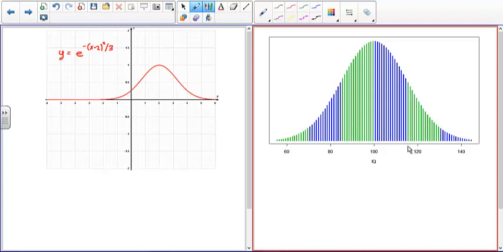And what these colors are, this is plus 1 standard deviation. This is minus 1 standard deviation, which is usually 15 for IQ tests. So this is 85, this is 115. And then you go to 2 standard deviations both ways, and that is going to be 30. So this would be 130, and this would be 70.